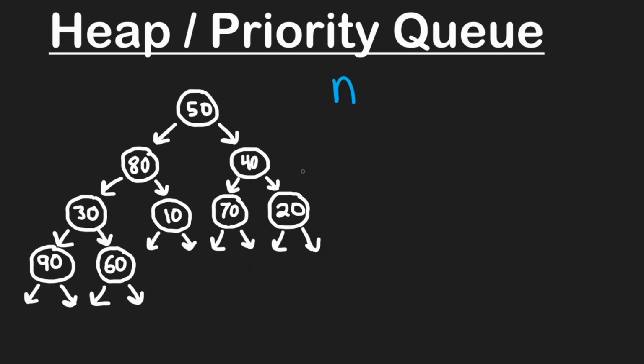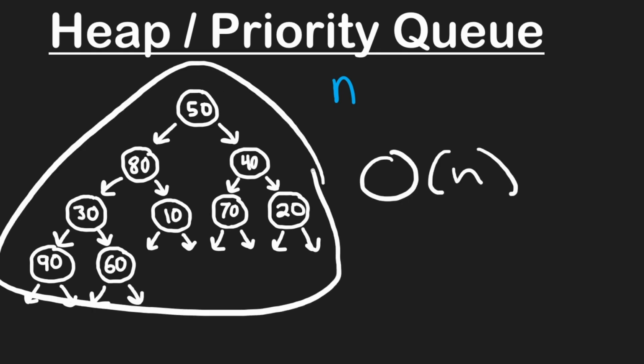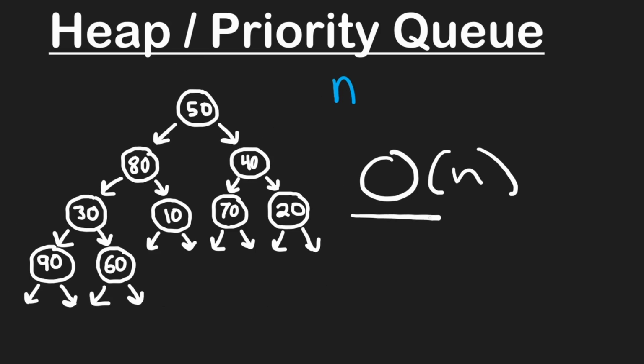But the important thing here is that just because we can be given some random n elements and then turn that into a heap doesn't mean we can actually sort all of them in O of n time. Because if we wanted to turn that heap into a sorted array, we first built the heap in O of n time, but then we'd have to pop every single element in the heap.